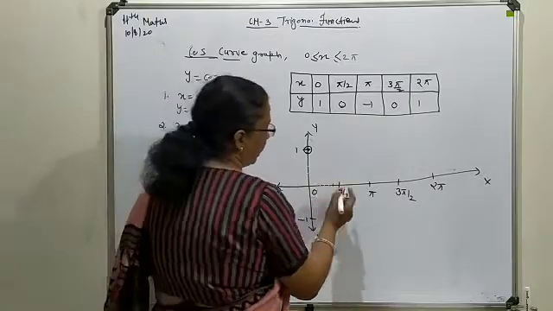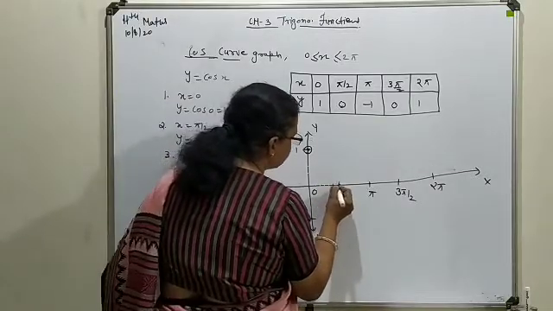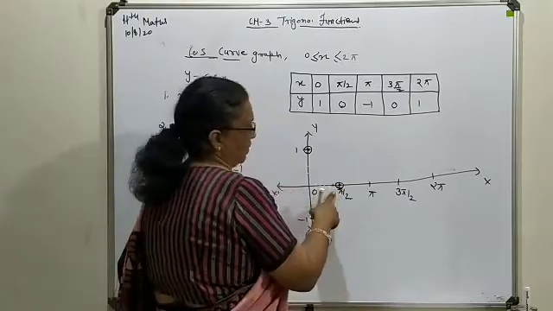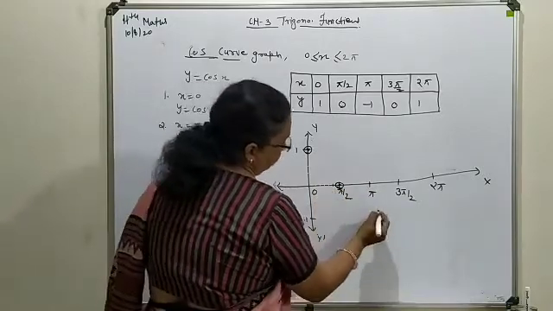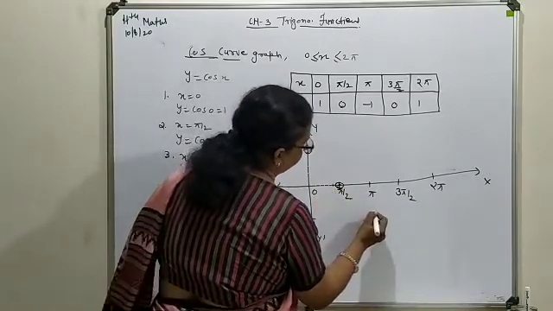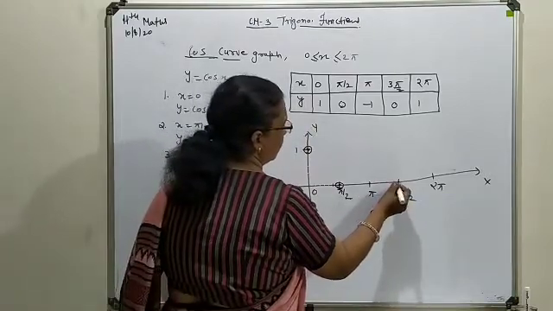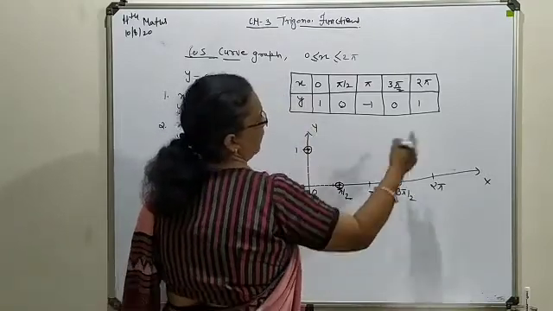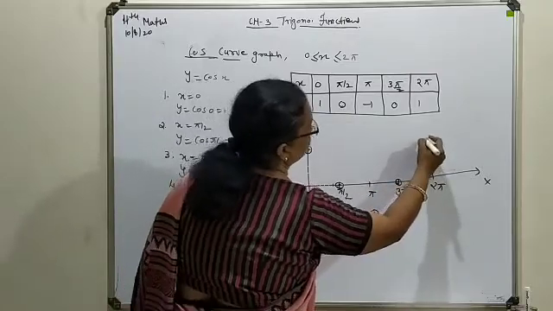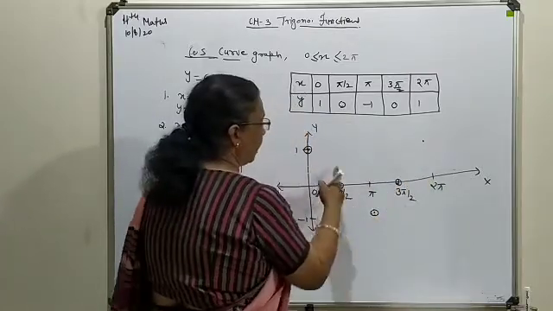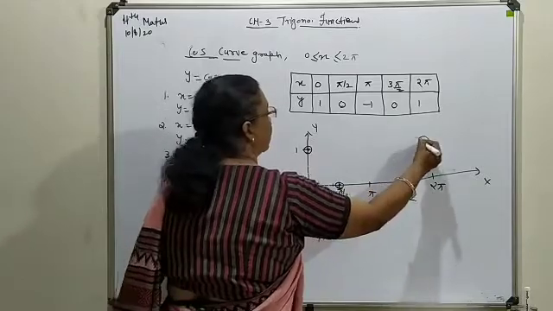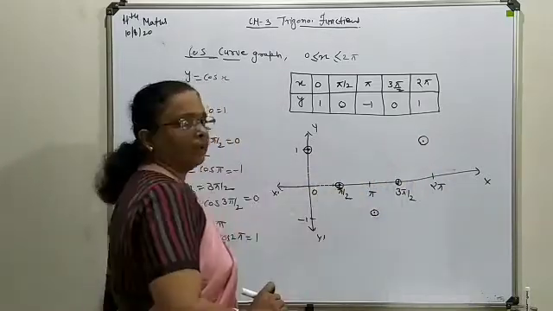Second, at pi by 2 you are having 0, means on the x-axis. At pi you are having -1, means the least value it will give you at pi. 3 pi by 2 means 0 on the axis again, and at 2 pi again it will reach a peak value.